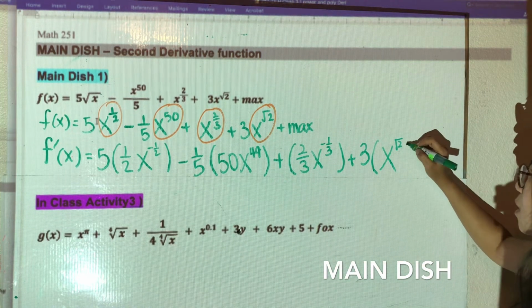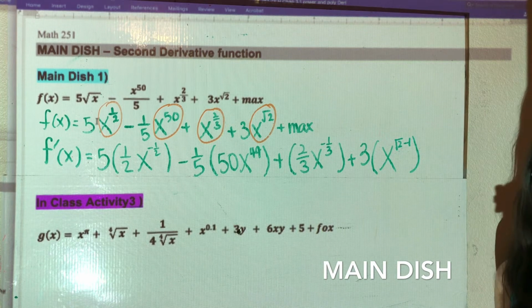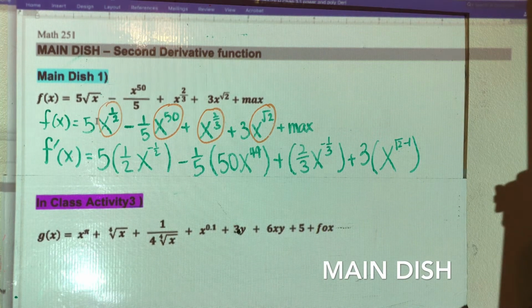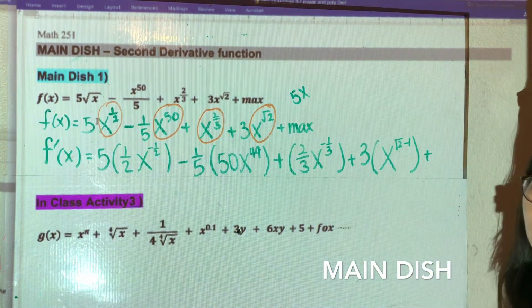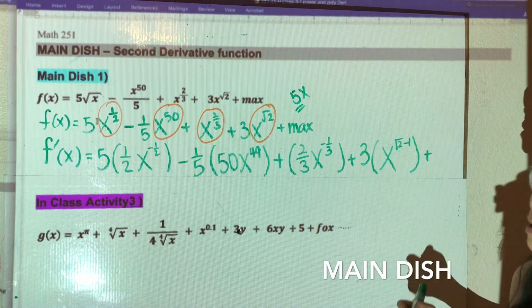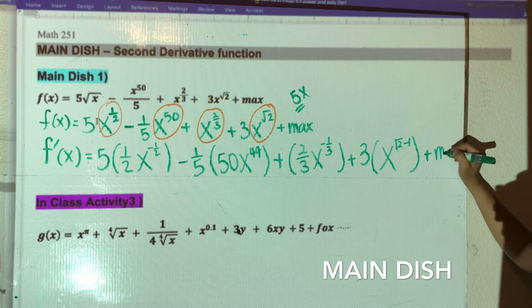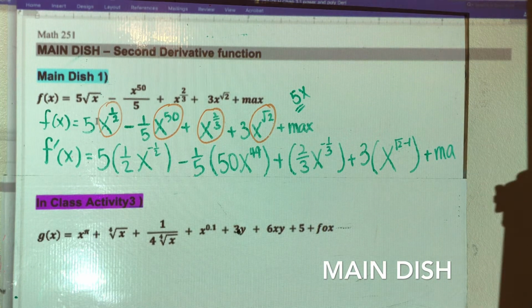Square root of 2 minus 1, right? That's the only algebra way we can do it. Plus max. It's like max, right? So if we had 5x, what was the answer? So 5, right? So what will be the answer here? It's tricky, I put it there.